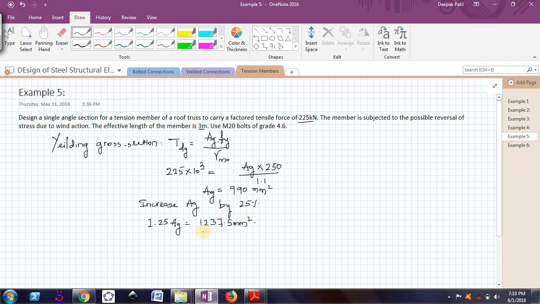Now I should check the steel table for a single angle which gives this much area. I will try to use an unequal single angle.